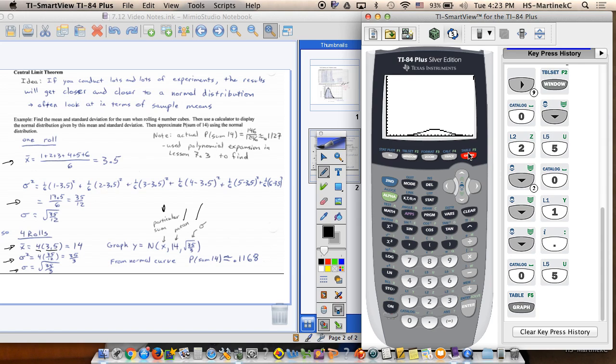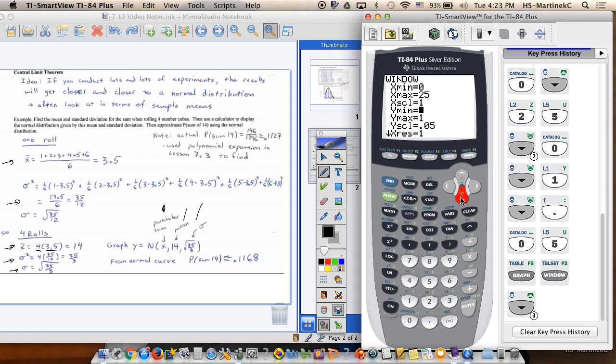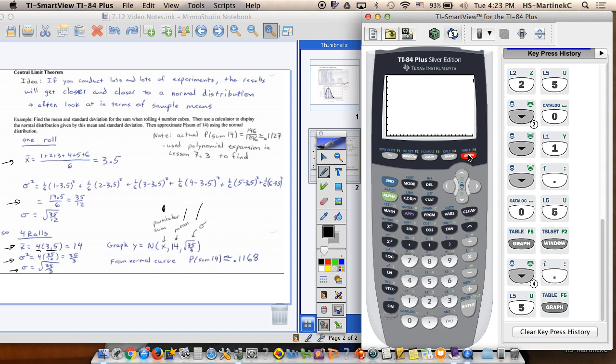See, our curve is very tiny because our probabilities are much lower than 1. So we could go back to window, and instead of making our Y maximum 1, I'm going to make it 0.5, just to zoom in a little bit on our graph.